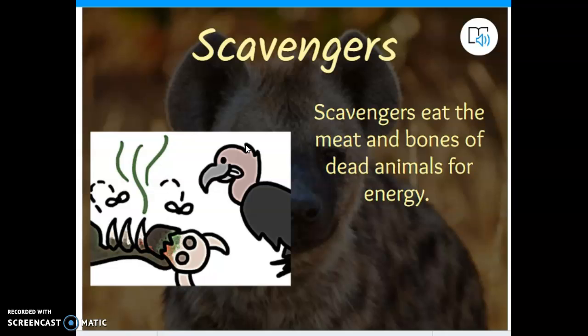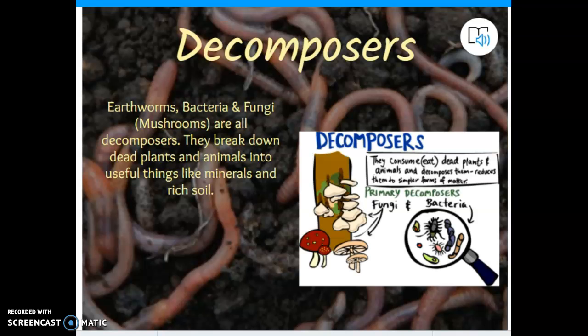And it's important to differentiate them. I know that they eat meat, and I know that they break that down, but they're eating all of it. And they have a very specific role in the ecosystem, and their role is to get rid of those dead and decaying things. And it's very important that we have scavengers. But there's something that kind of goes even a little bit further than just a scavenger, and it'll break down the meat and the bones and stuff of dead animals, but it'll also break down dead and decaying plant material as well.